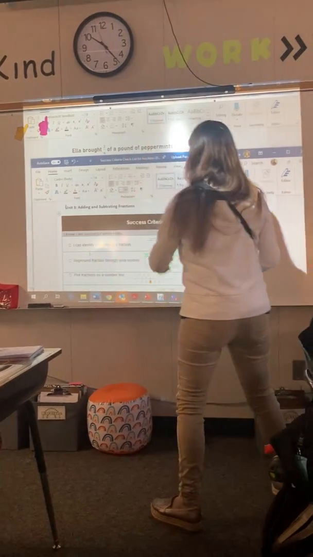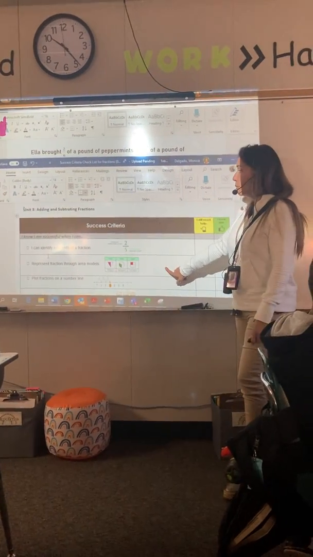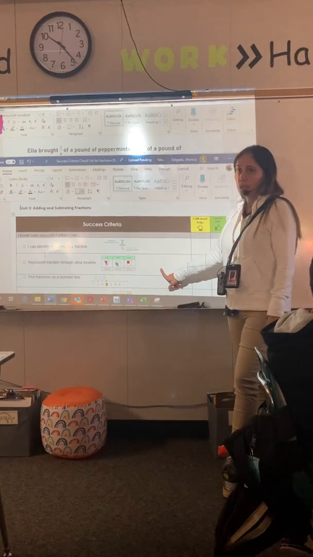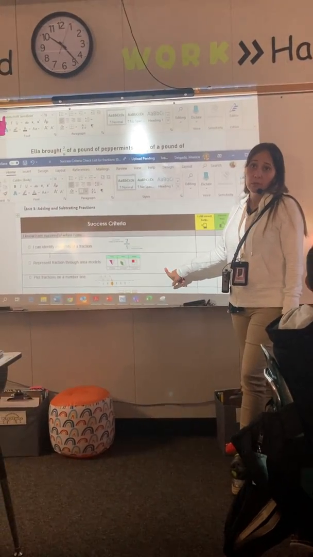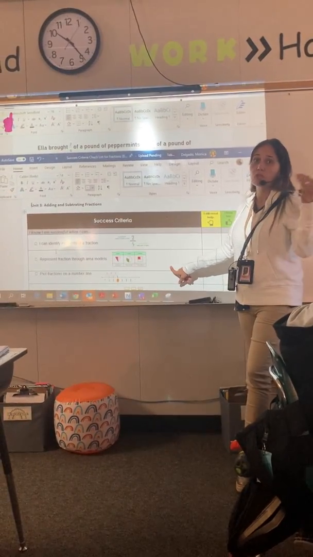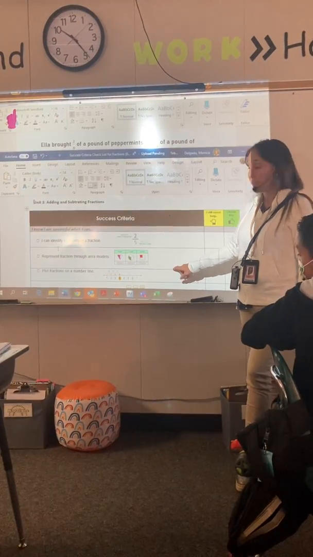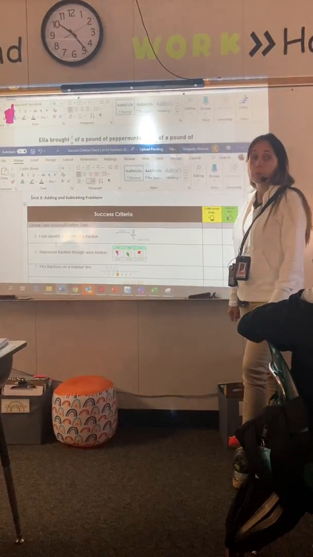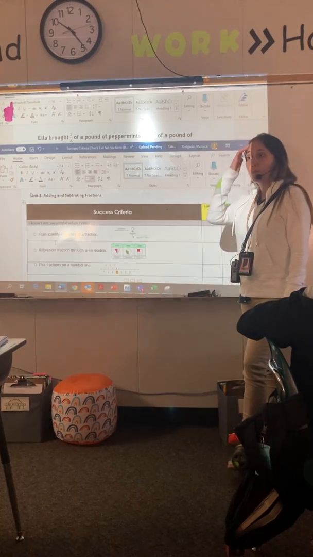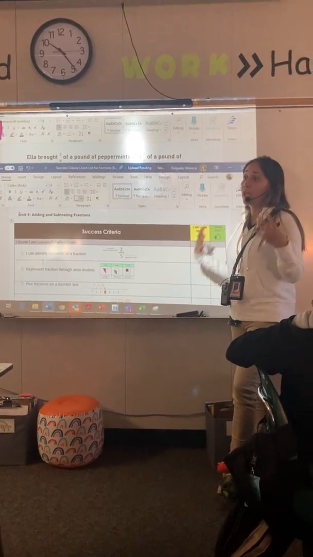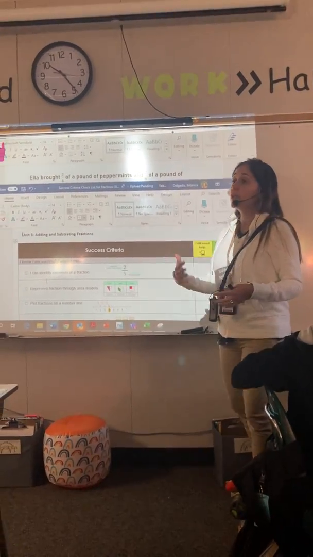Then the next part of your task is to represent the fraction that you're going to get as a result of your computations and your analysis of your word problem into an area model. We are going to review again what area models are and what we use them for.